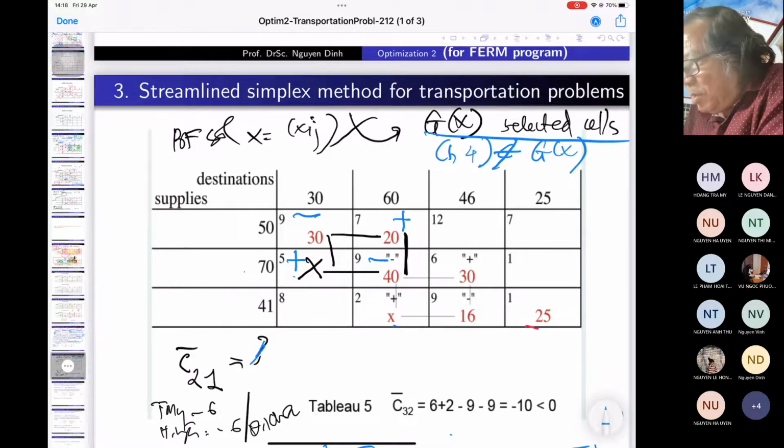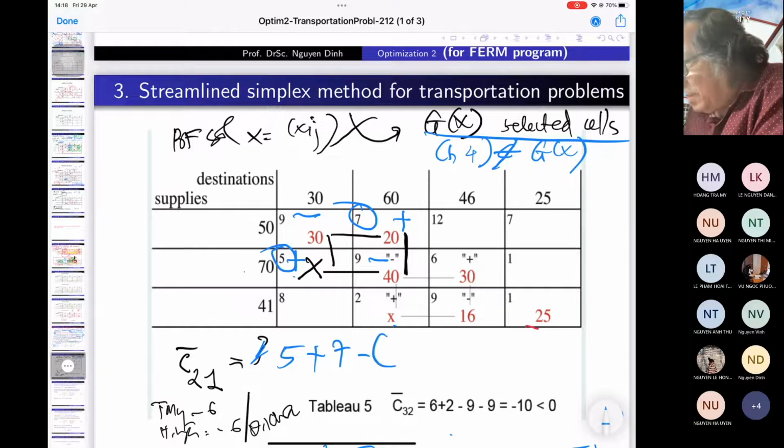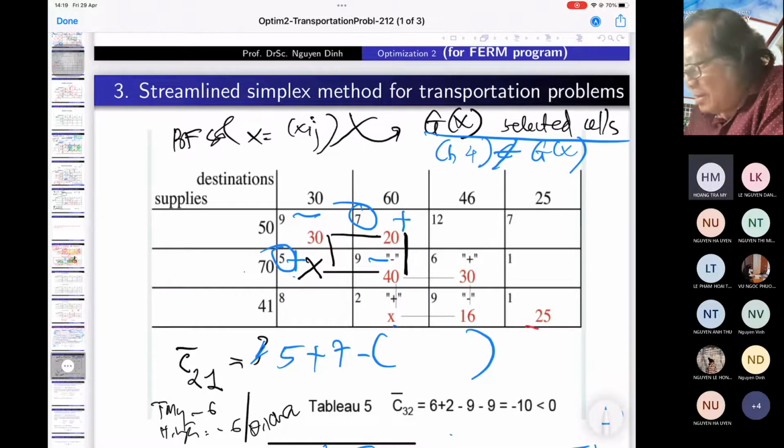C bar 2, 1 is equal to the cost in the plus cells, that means 5 plus 7, and then minus 9 and 9.